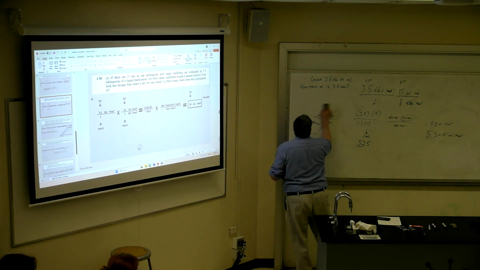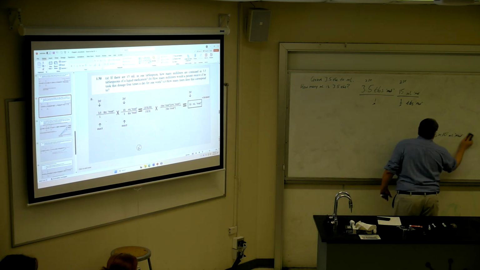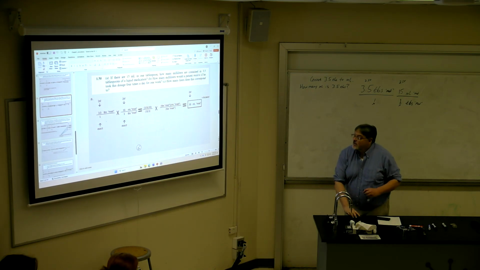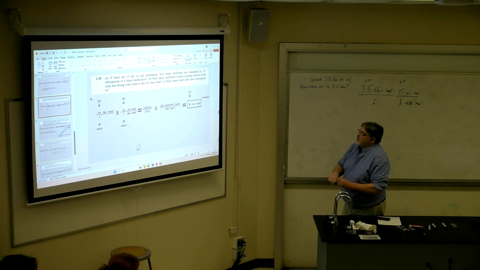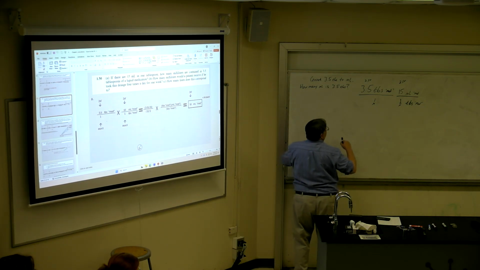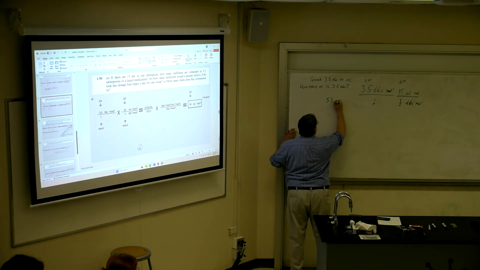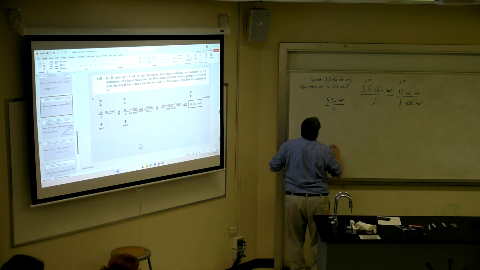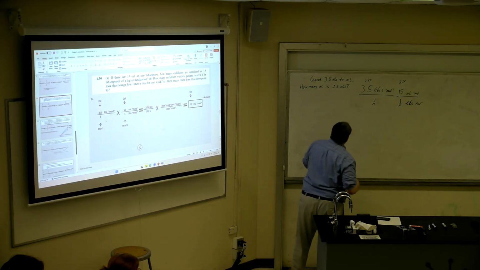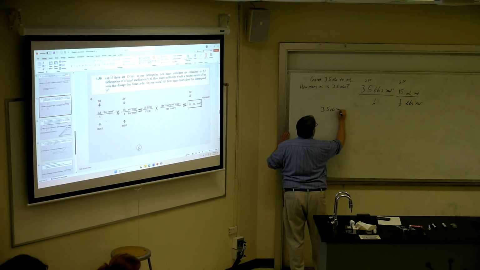All right, so I'll do B before your eyes. The most sort of complete way to do this with units and labels. How many milliliters? You calculated the milliliters in A, and you could just use that if you wanted to, but you can do the whole thing from scratch.